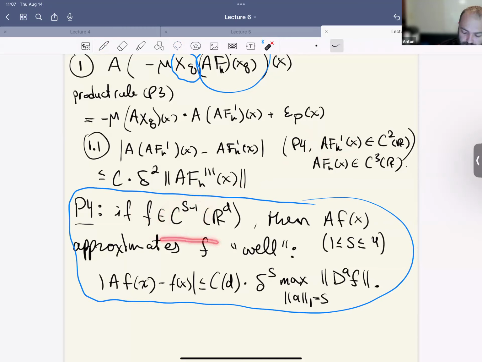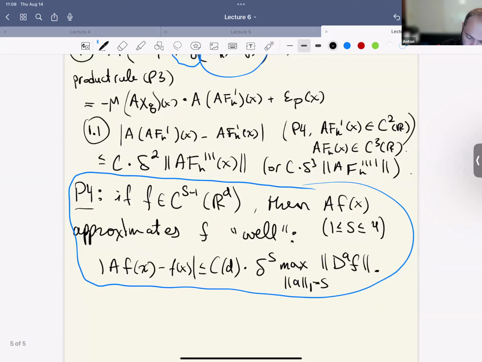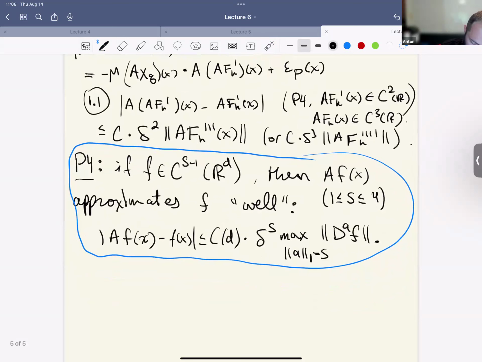So then I can invoke property number 4 with s equals 3. We can actually get away with delta cubed. So we can actually do one order of delta higher if we use the fourth derivative. Okay. Good. So that's property number 4.